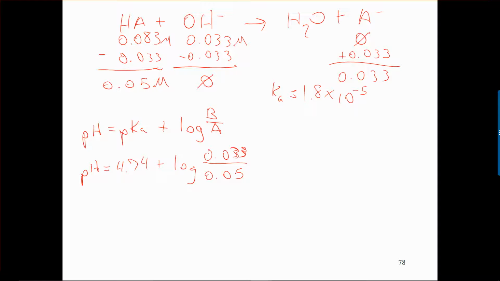So what is my pH here? It should be lower than the pKa, right? Because it's more acidic; there's more acid than base. So 4.56 is my pH.